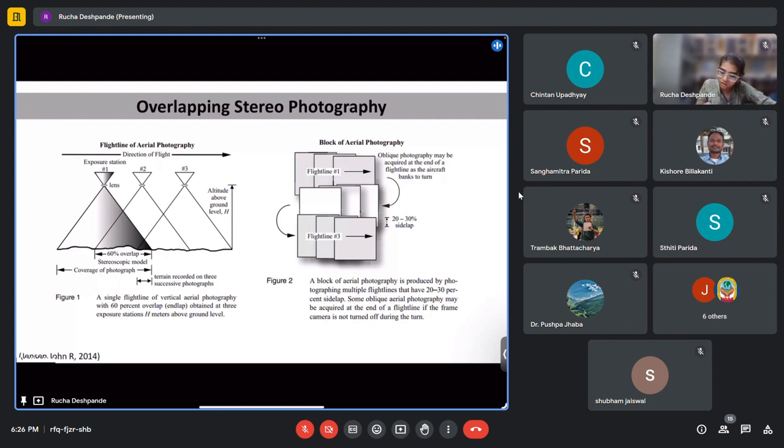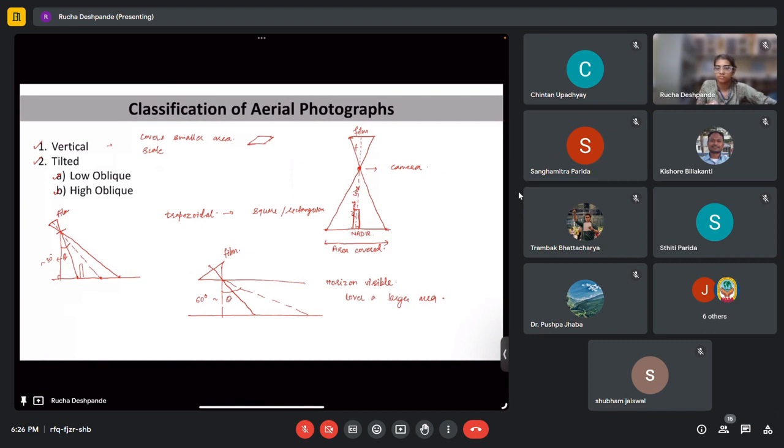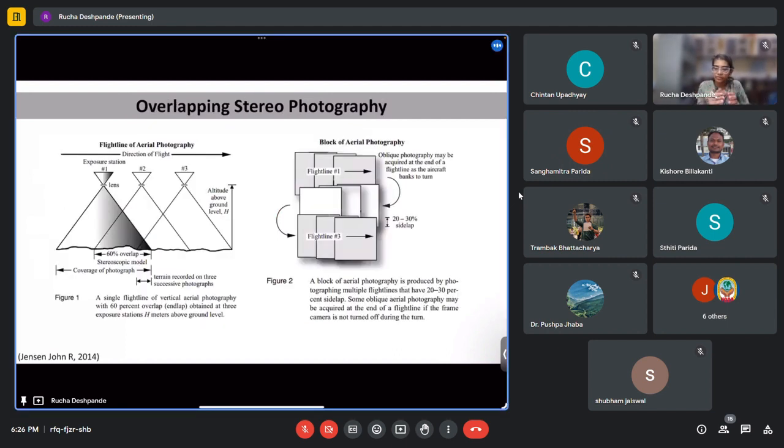Now we'll look at overlapping stereo photography. Will you please show the previous slide? Sometimes, to map an entire area, we might need to overlap the images to cover it.